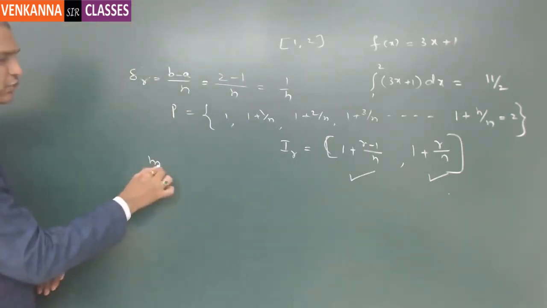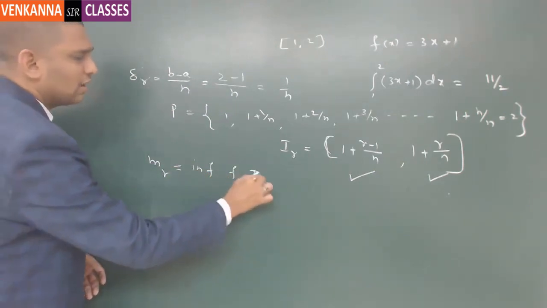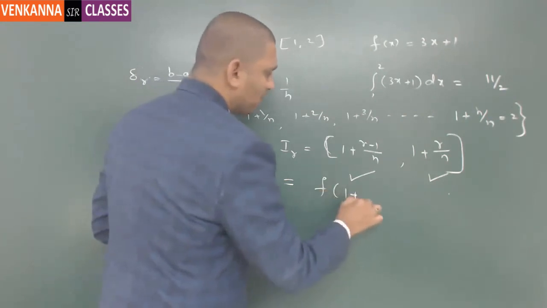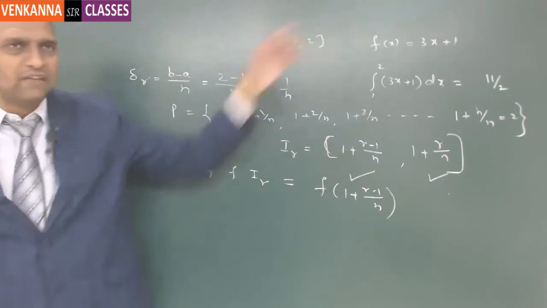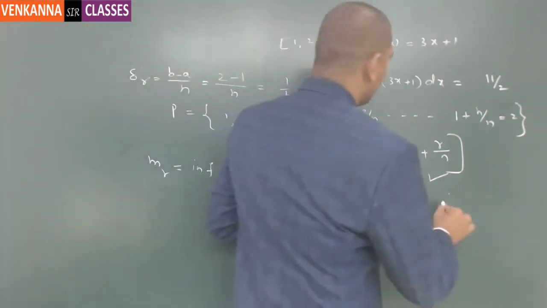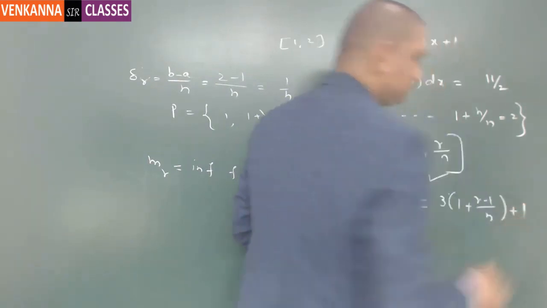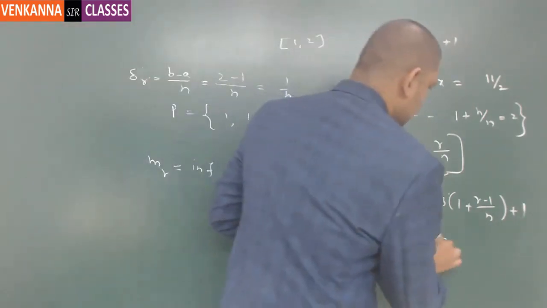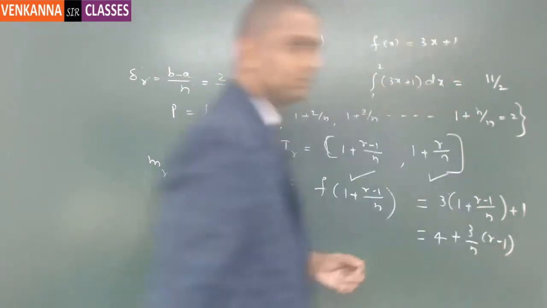So if you take small m_r equal to the infimum of the function on the subinterval I_r, it is nothing but f of 1 plus (r minus 1) by n. So you are substituting the first point in the given function. So it is 3 into (1 plus (r minus 1) by n) plus 1. If you simplify, it is 4 plus 3 by n into (r minus 1).